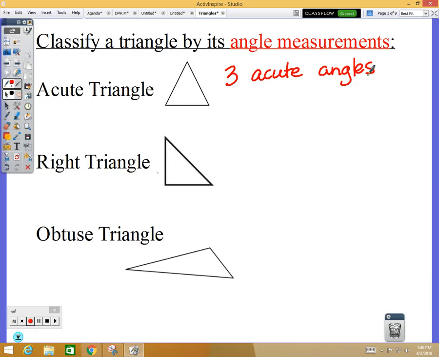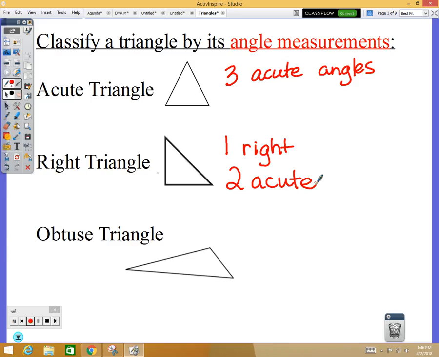In a right triangle, what can we say about that? 1 right and the other 2 are what? Acute. Very good. 1 right, 2 acute. So it's impossible to have 2 right angles and make a triangle. That would be impossible.